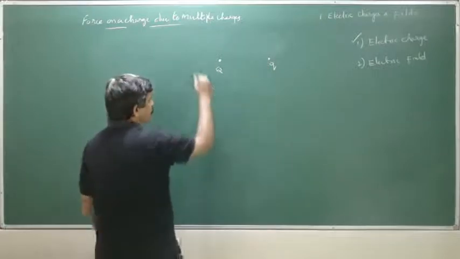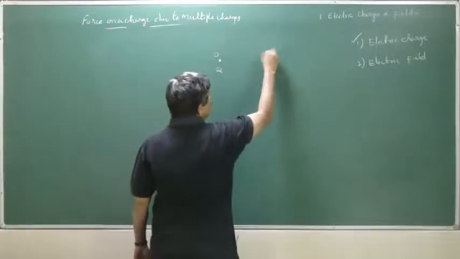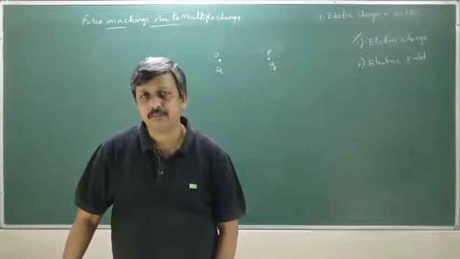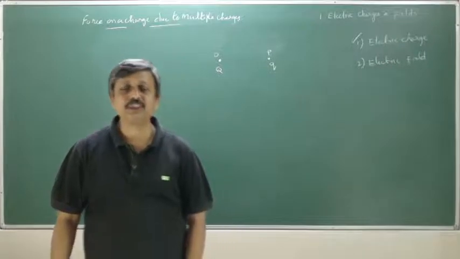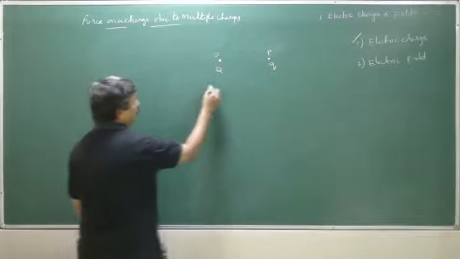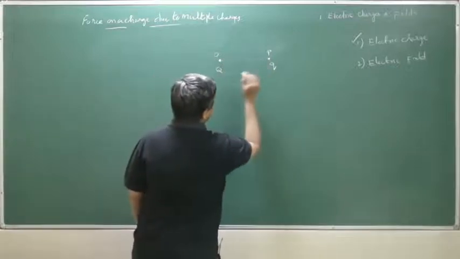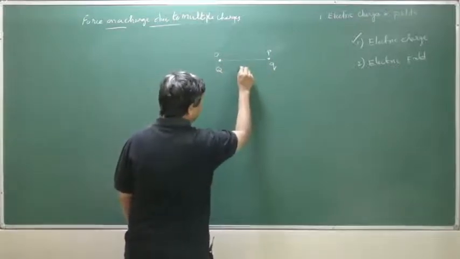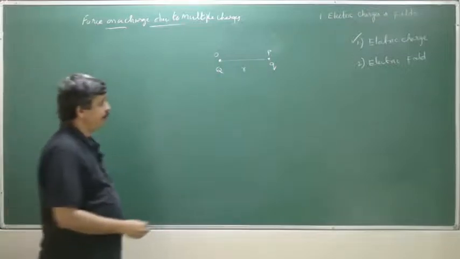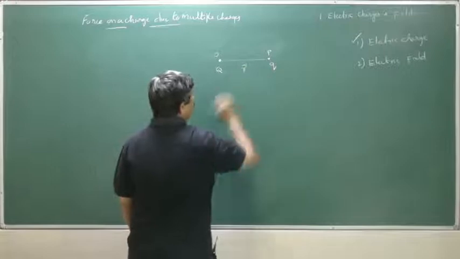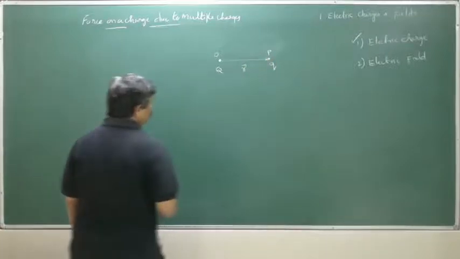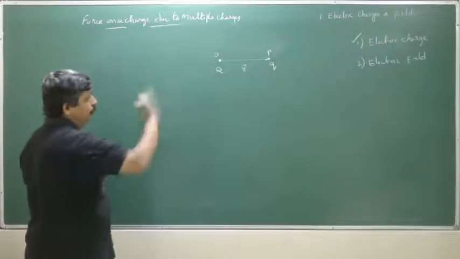I'll call this point O and this point P. I want to calculate the force on q, which is positioned at P. How do I do it? Let us say this distance is r, which is also a vector r. Both are positive charges, so the force will be in that direction.